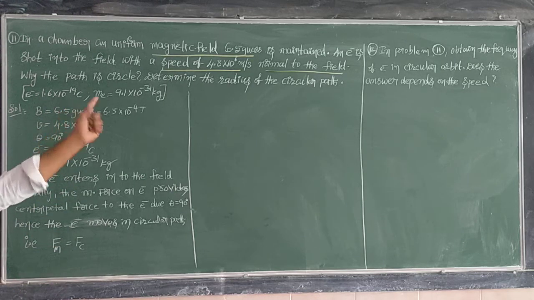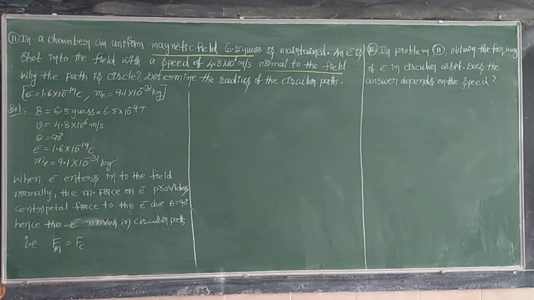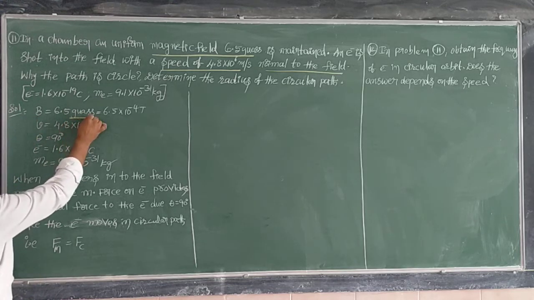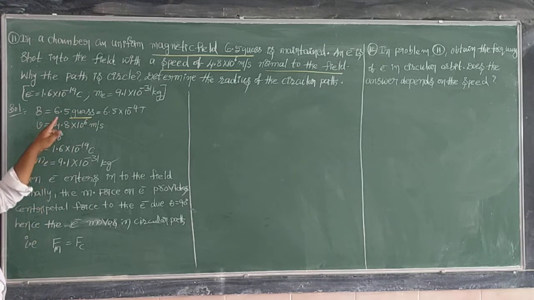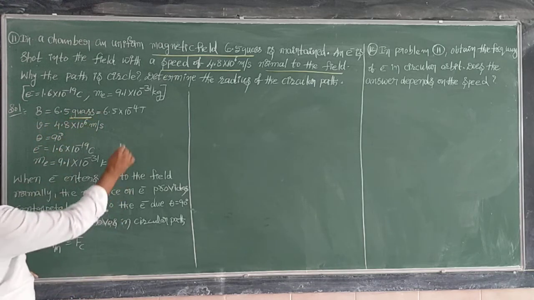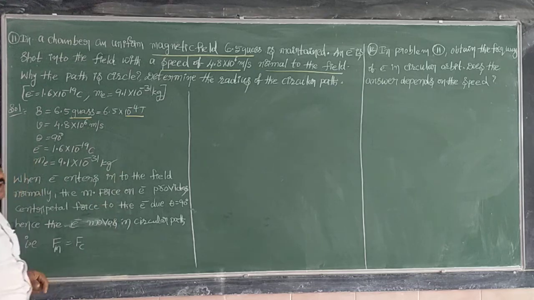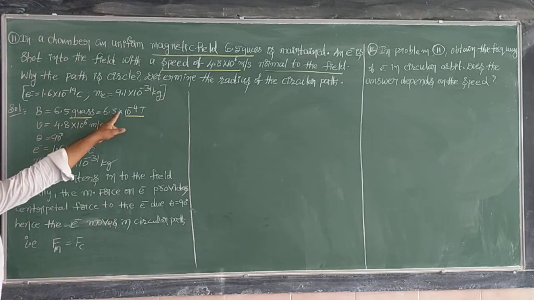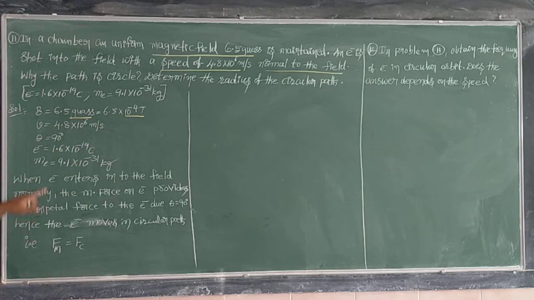Next, determine the radius of the circular path. First, the magnetic field given is 6.5 Gauss. 1 Gauss equals 10 power minus 4 Tesla, so the magnetic field is 6.5 into 10 power minus 4 Tesla. Speed is given; normal means the angle is 90 degrees.